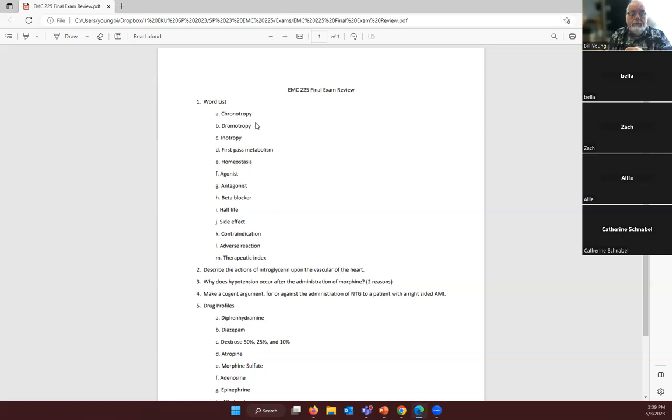For example, if we give epinephrine to a patient, that's going to be a positive agonist towards increasing the heart rate or causing bronchodilation. So basically, an agonist causes something to happen. Now it can be positive, and hopefully that's what we're doing when we give these medications, but often it can be negative as well.